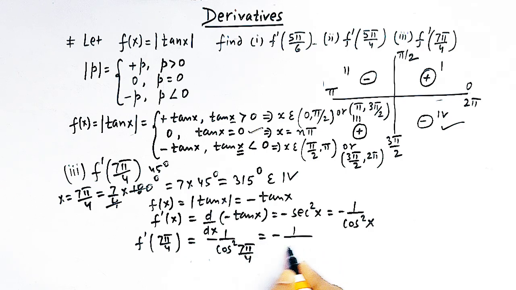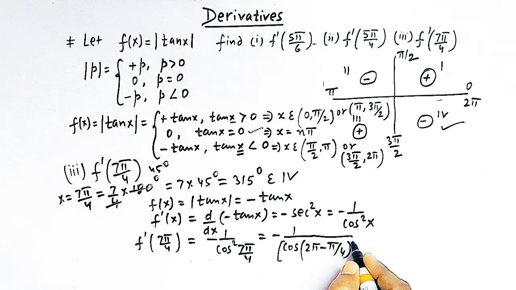So splitting this angle, we can now write 7 pi over 4 as 2 pi minus pi over 4, and here we have the square, right? So this is 4 times 2 pi is 8 pi. 8 pi minus pi is 7 pi. So we have 7 pi over 4.